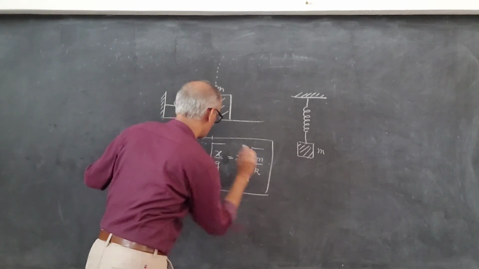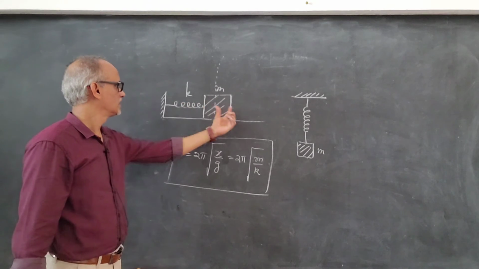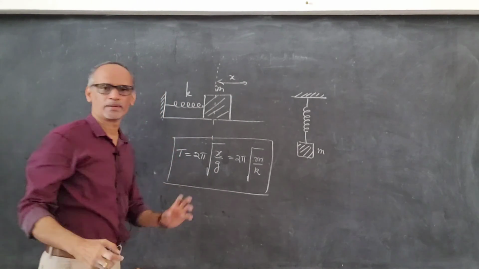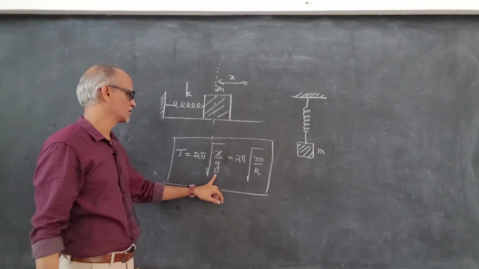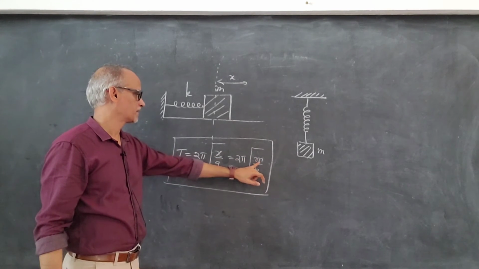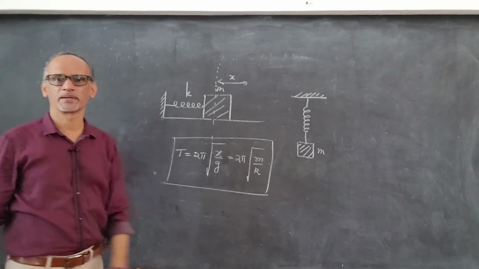So there are two equations. One, T is equal to 2 pi root of x by g. What is x? When you stretch the spring, there will be elongation, correct? So x is the stretch or elongation of the spring, and g is the acceleration due to gravity. The other is m by k. What is m? m is the mass of the block and k is the spring constant.